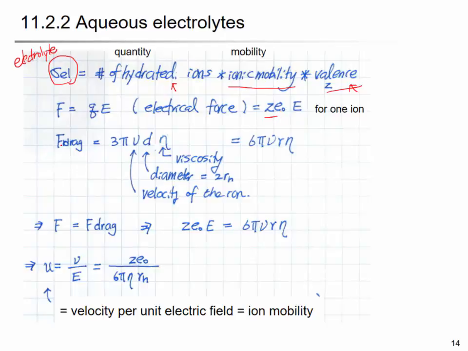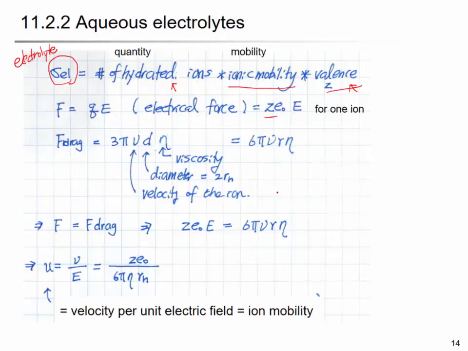So the dragging force against the movement of the charge is 3 times pi d times v, and the viscosity. Oh, yes, previously I missed the viscosity part. And the d is the hydraulic diameter. If we replace the diameter with the radius, then this becomes 6 pi v r mu, the viscosity.